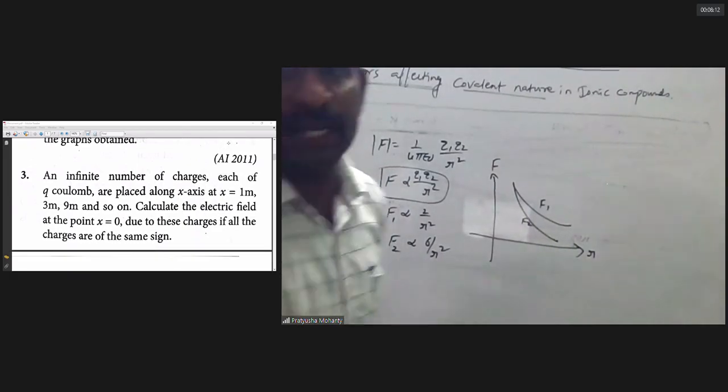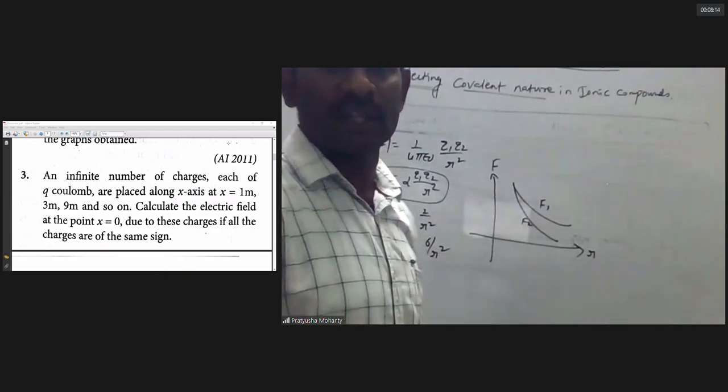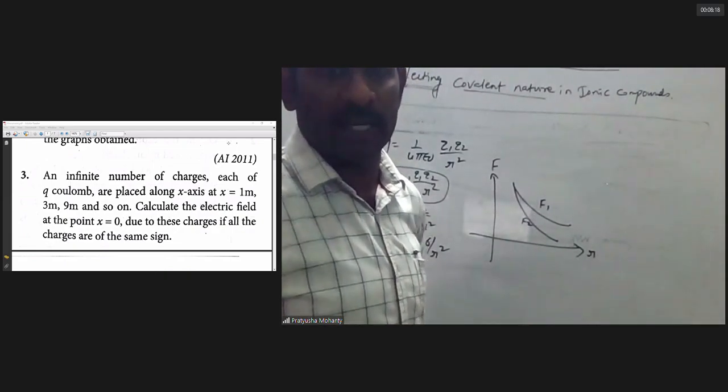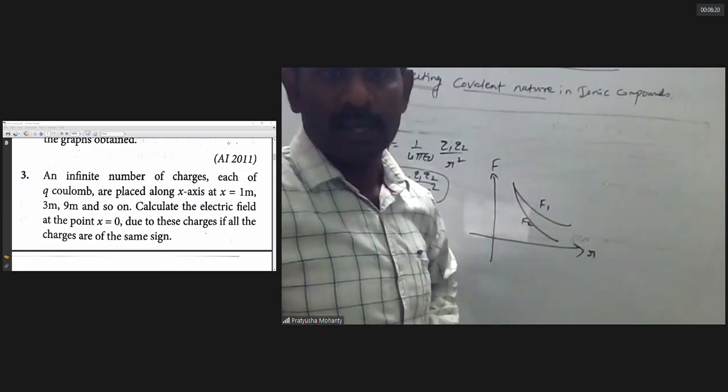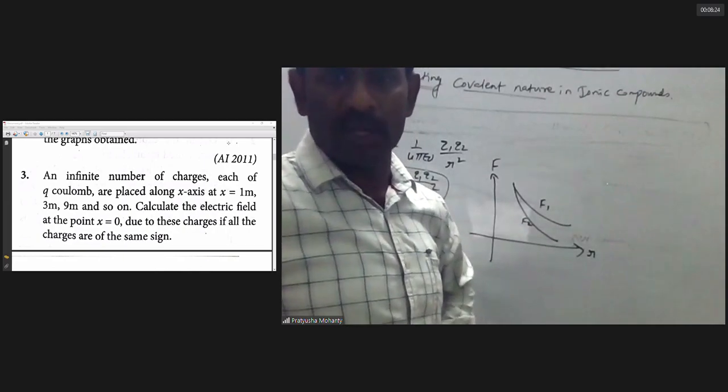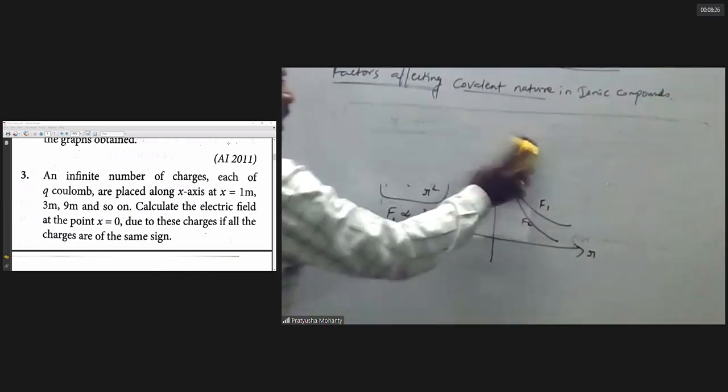An infinite number of charges, each q, placed along the x-axis at x equal to 1, 3, 9, and so on. Calculate the field at the point x equal to 0 due to all these charges. Tell me, what is the expression for electric field? Anyone?